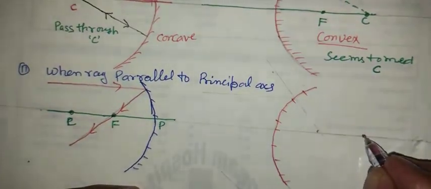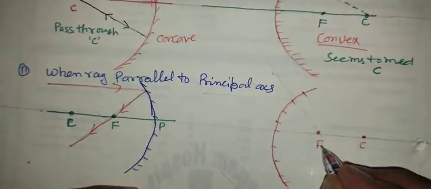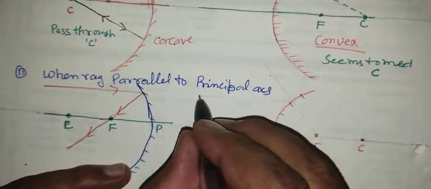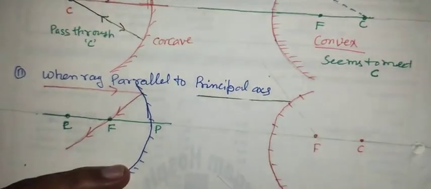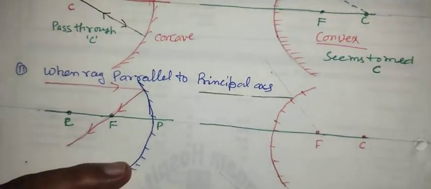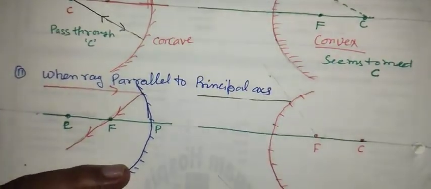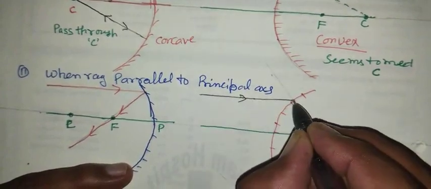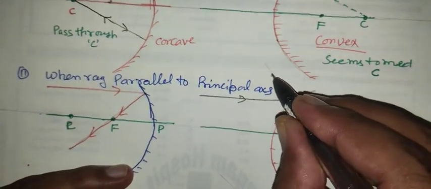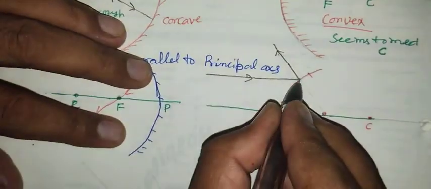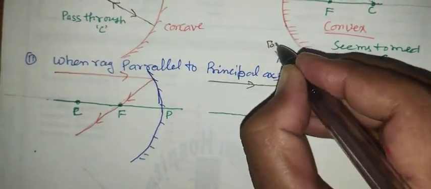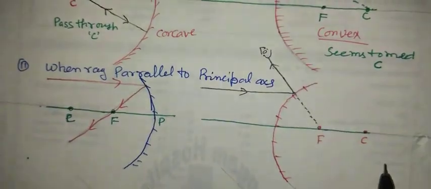Here the center of curvature C and focal point lie on the right-hand side, and if we take a ray parallel to the principal axis, this ray of light falls on the mirror and is reflected, and when it proceeds back, it seems to come from the focus when any observer observes the reflected ray from here.